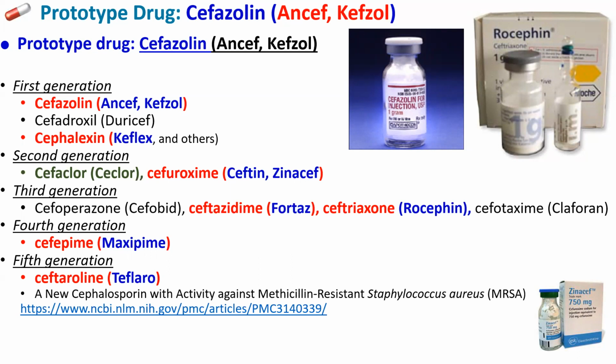Second generation, we have cefaclor and cefuroxime, which is Ceftin or Zinacef. Third generation examples are ceftazidime, which is Fortaz, and ceftriaxone. Fourth generation is cefepime, Maxipime.